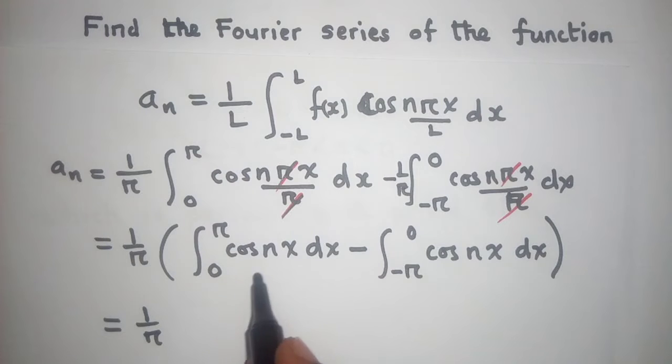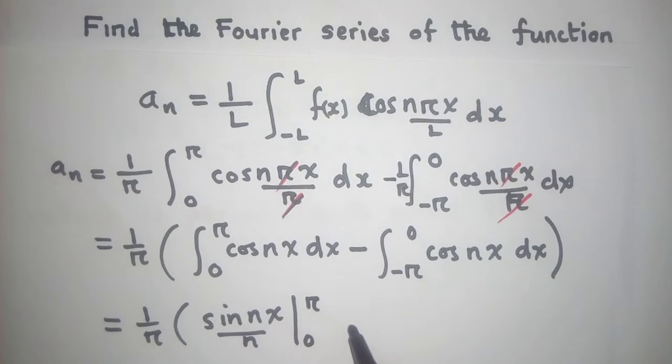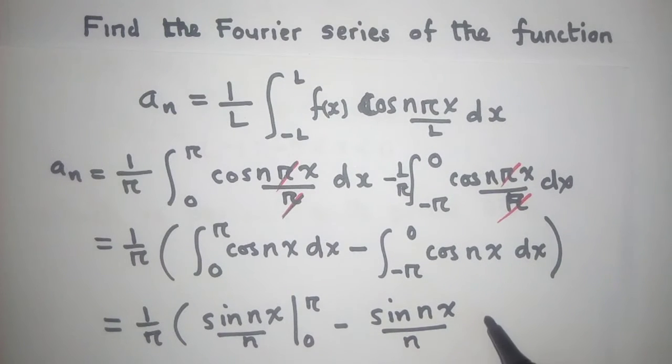So here it will be sine(nx) over n, the limits from 0 to pi. Here minus, we have also sine(nx) over n. The limits will be like that.